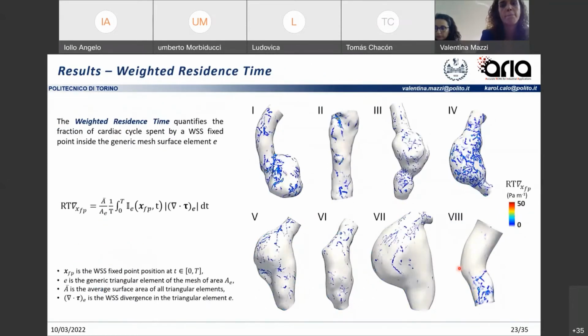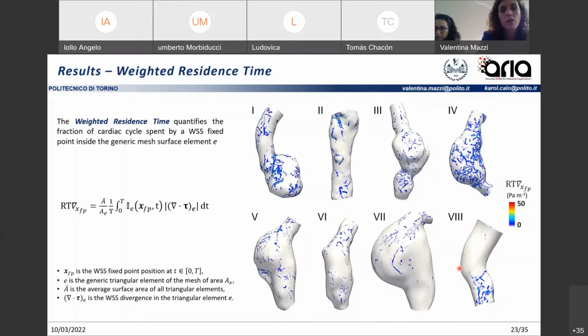So finally, we computed the fixed point weight and residence time, RT-nabla, to quantify the fraction of cardiac cycle spent by a fixed point at a specific location on the luminal surface, weighted by the wall shear stress divergence to measure the local contraction and expansion action.